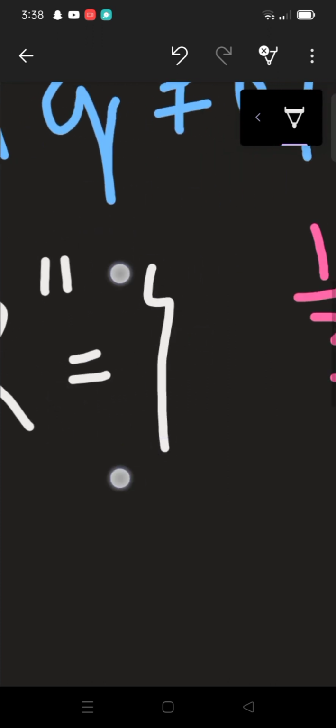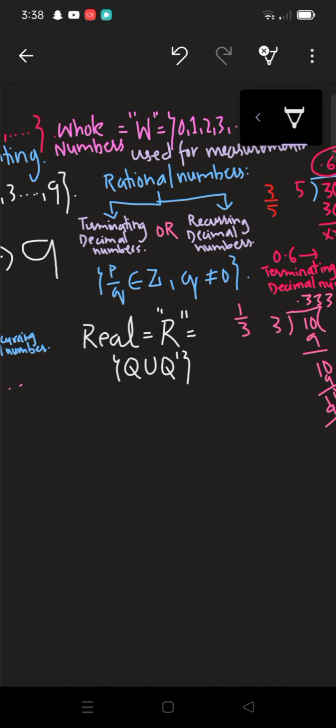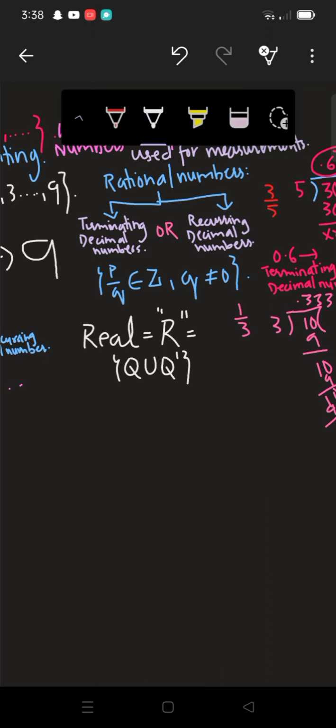The set of real numbers, which is represented by R, is basically the set of rational numbers, which are denoted by Q, union the set of irrational numbers, which are denoted by Q dash. So a real number is basically the union of rational as well as irrational numbers.